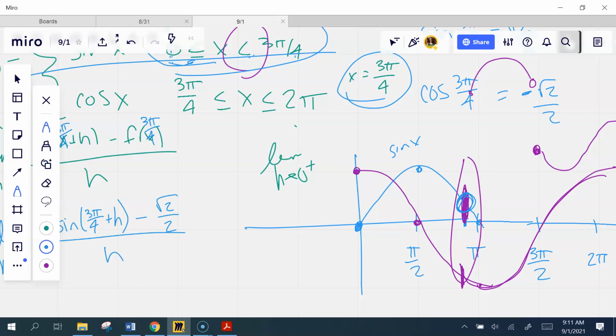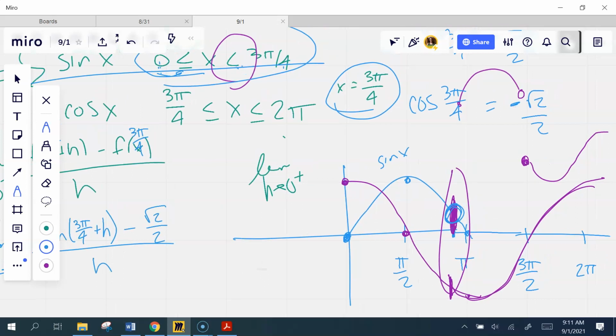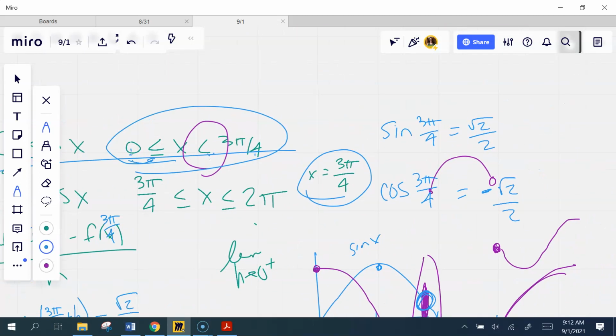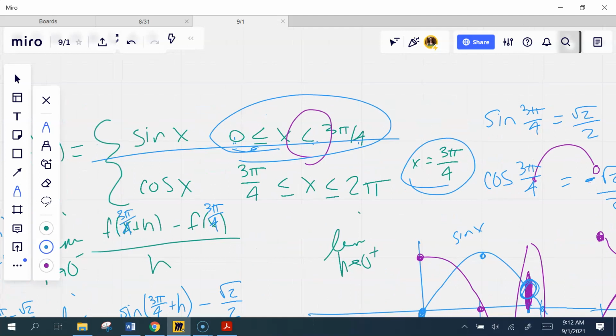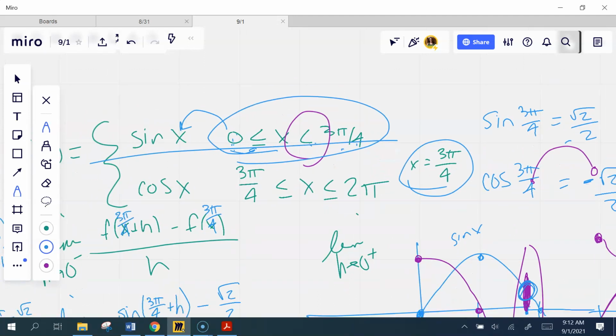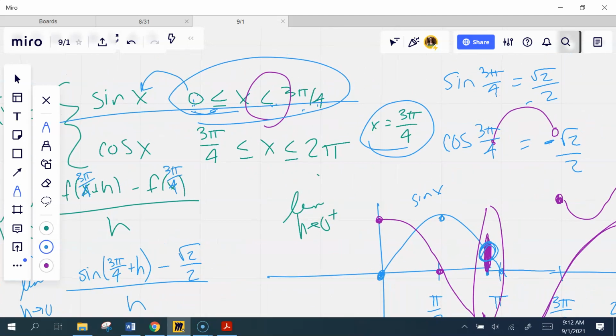What did you mean by stop there, though? It's a piecewise function, which means if you want to look at it as a plug-in method, this goes from 0, which is 0, to 3 pi over 4, which we said was square root of 2 over 2. So this point right here is 3 pi over 4, square root of 2 over 2.